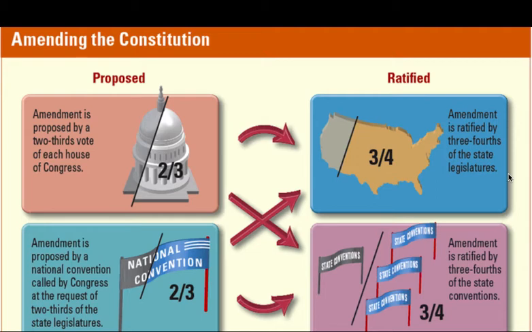Some have argued that it's too hard and that change hasn't happened fast enough on certain things because it's such a difficult process. And as we gain more states, the numbers change, and as representatives change, the numbers change as well.